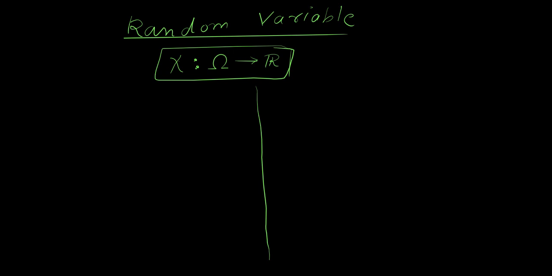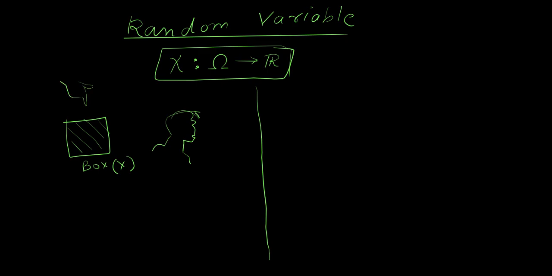So imagine that you have a box, an opaque box, and let the name of the box be X. You are facing away from the box. There is a friend of yours who has a number of marbles in his hand.